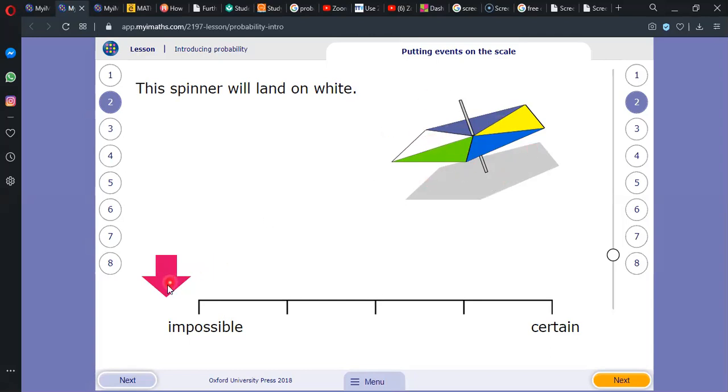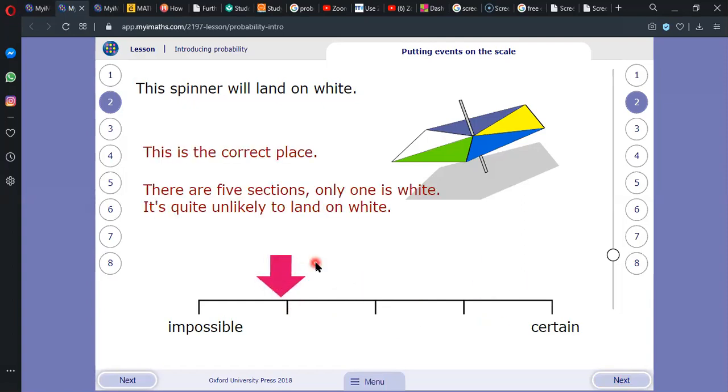And 1 out of 5 should be placed somewhere here on your probability scale. I have it on the scale of 4, the one I have here. So 1 out of 5 should be a bit around here, and that is correct. There are 5 sections, only 1 is white. So it's quite unlikely to land on white because there are 4 other colors that have chances to also be shown. Okay, let's have the next one.